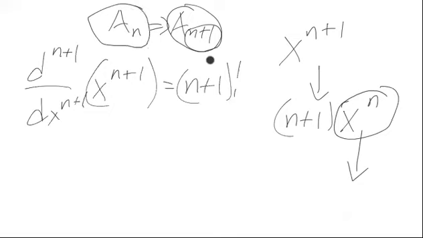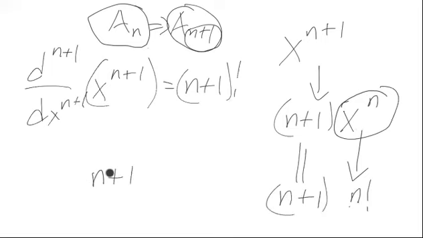If we assume that, that means we can use it. So we're going to use it to go to the next place. The derivative of this is n factorial. Aha, we use it and look. We get n plus 1 times n factorial is n plus 1 factorial. We have just shown this general implication.